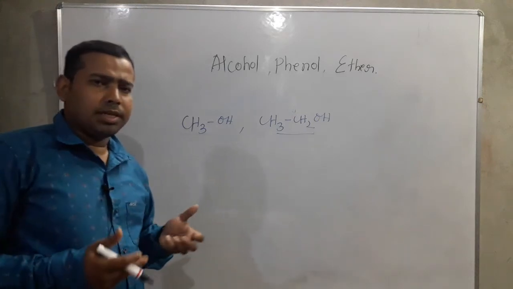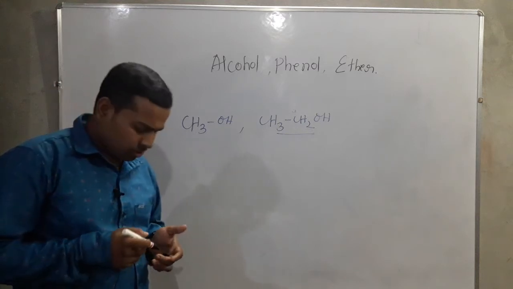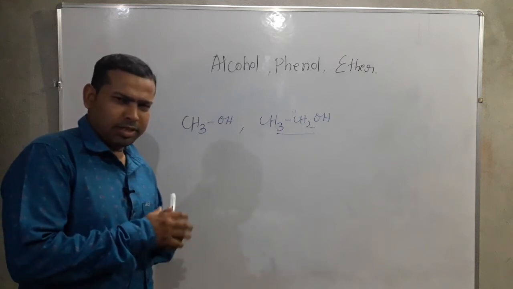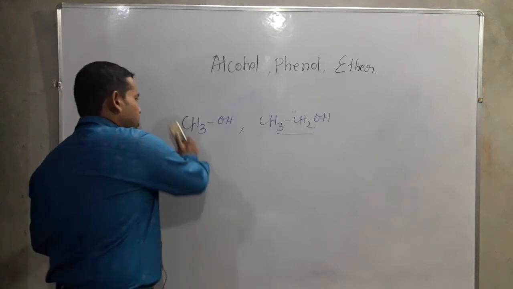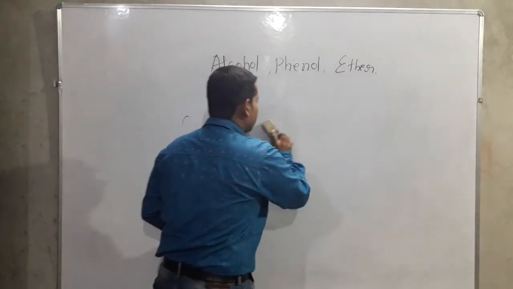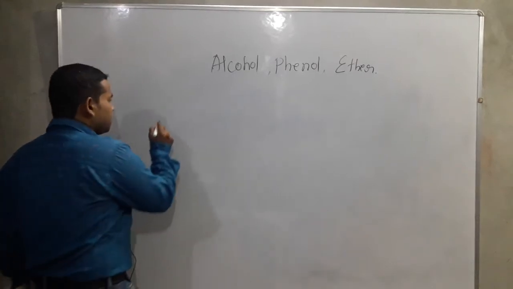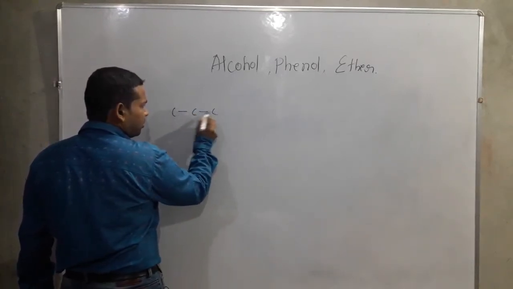So actually, alcohol is basically of three types: primary alcohol, secondary alcohol, and tertiary alcohol. So how will you distinguish among the alcohols? Differentiate each from the others. One: C single bond C single bond C. This one is a primary carbon.